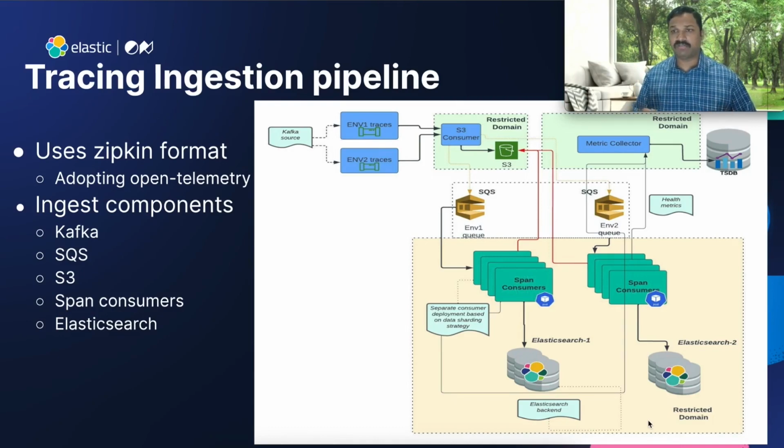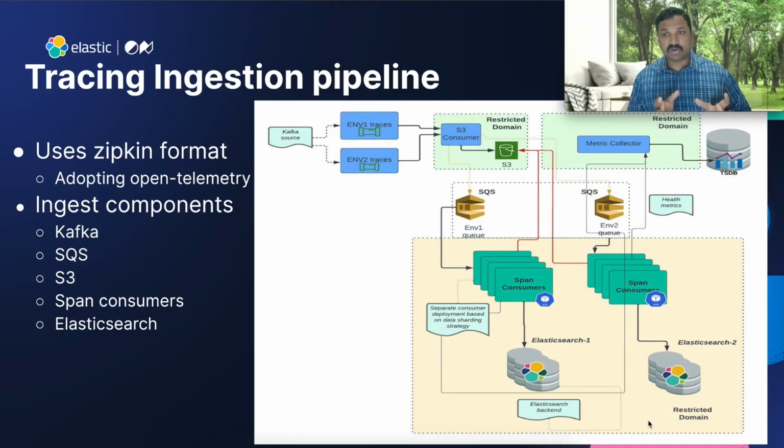Over the wire, we always use the Zipkin format currently. Although our applications can optionally emit data using the OTLP or OpenTelemetry format, and we collect them through an agent and export them back to the endpoint in Zipkin format on the wire.